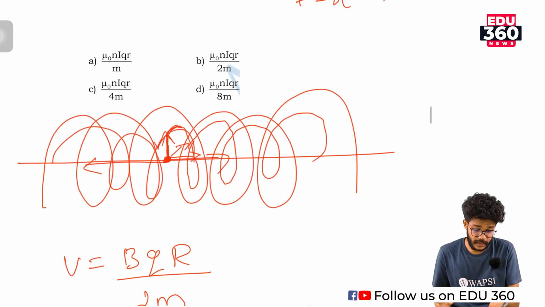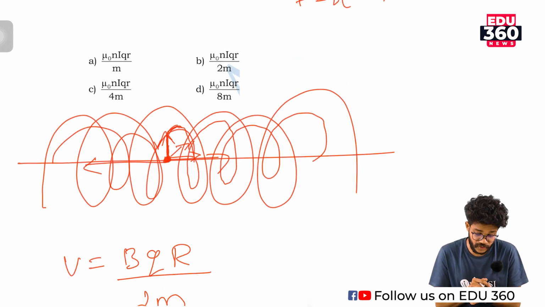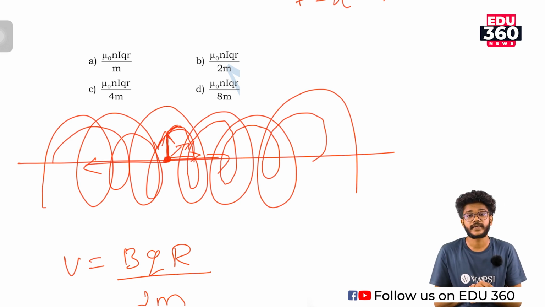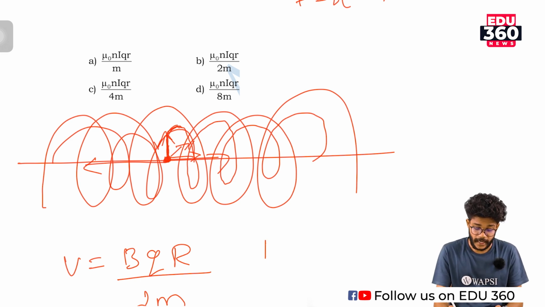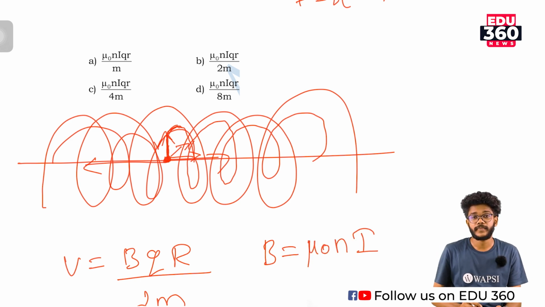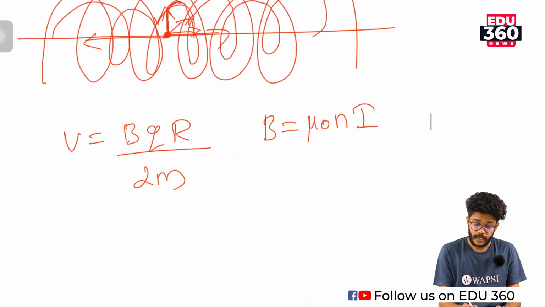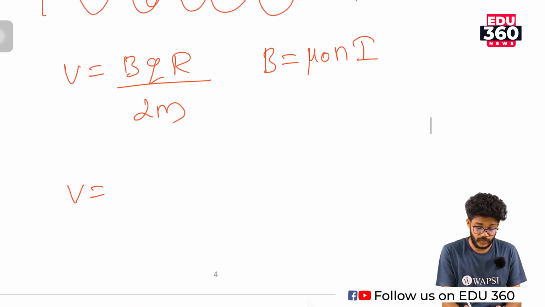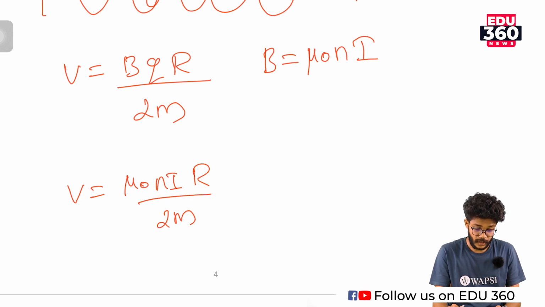Then see, mu 0 is in the options, so we want to substitute the magnetic field inside a solenoid. The magnetic field inside a solenoid is mu 0 n I, where n is the number of turns per unit length and I is the current. So using this, V is equal to mu 0 n I into R by 2m.